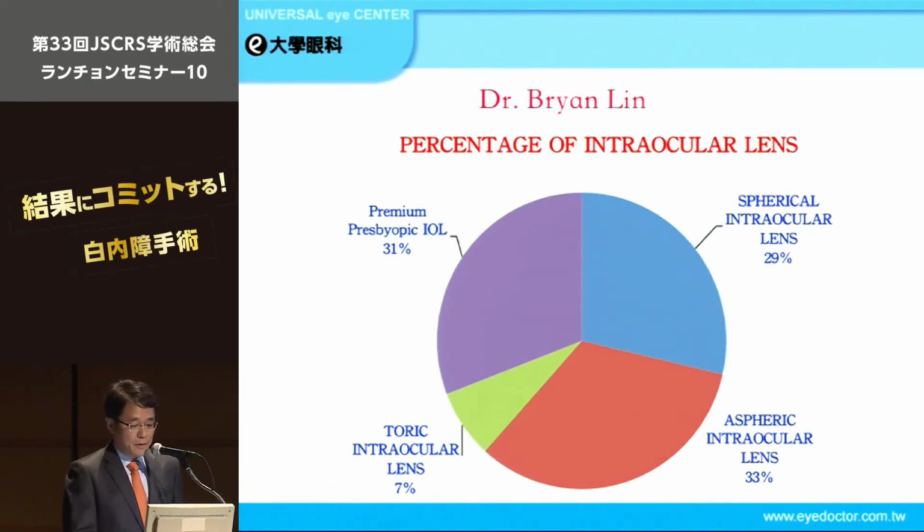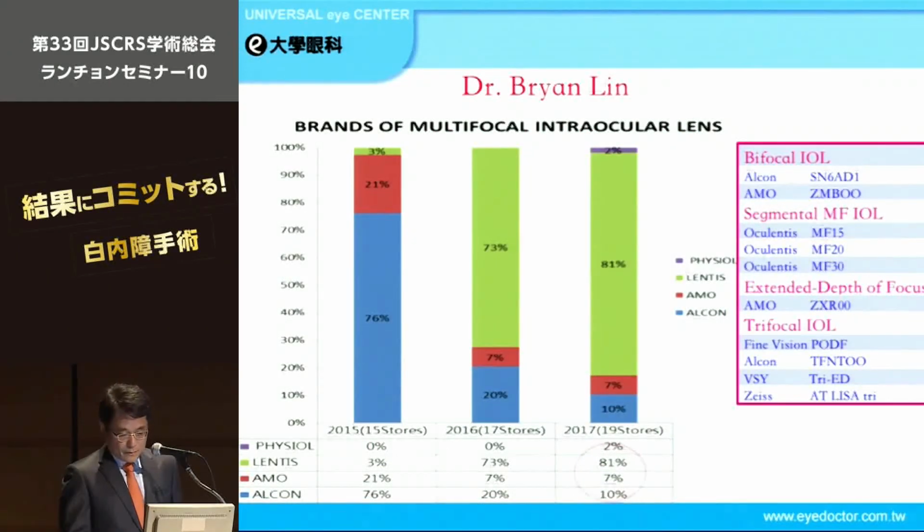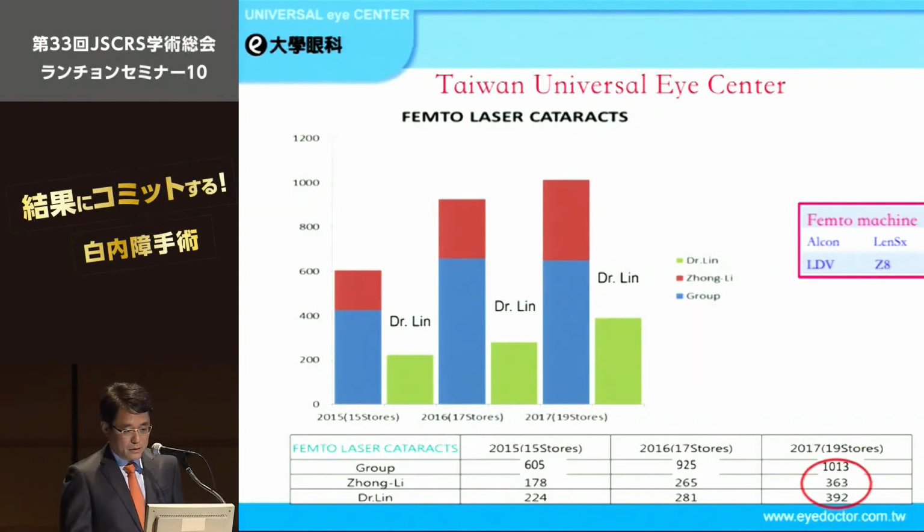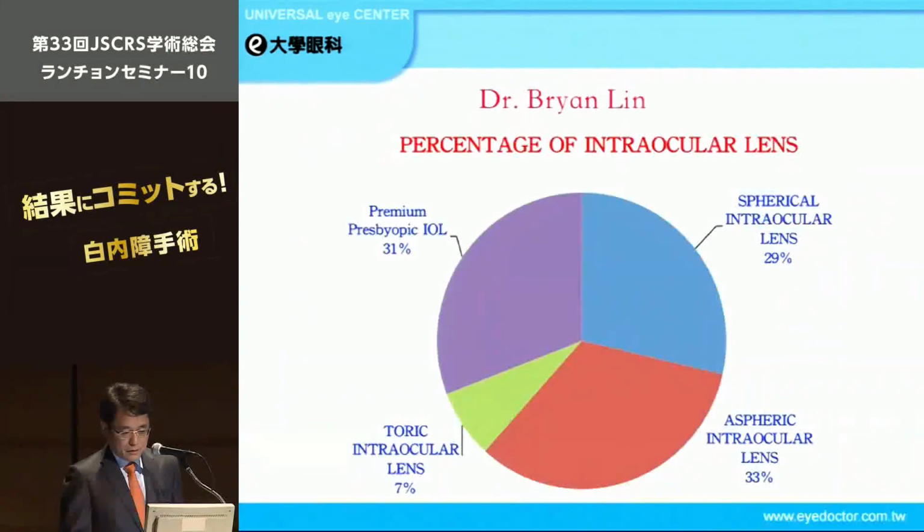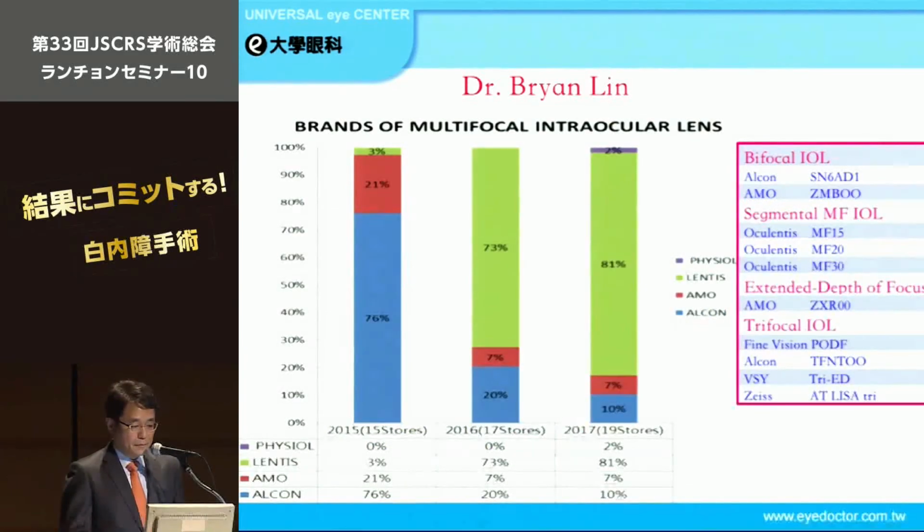This slide shows the percentage of intraocular lenses I performed. The spherical IOL in the Taiwan population is 66%, and in mine it is only 29% spheric IOL, 33% aspheric IOL, 7% toric intraocular lens, and 31% premium presbyopic IOL.